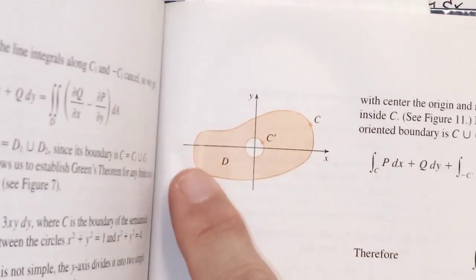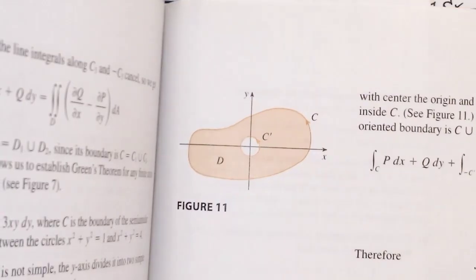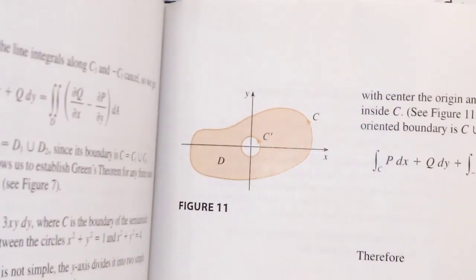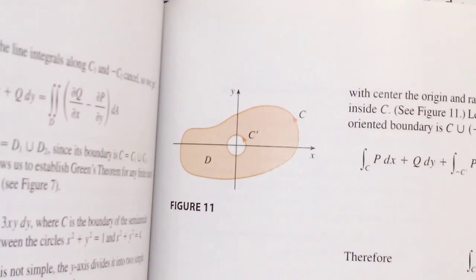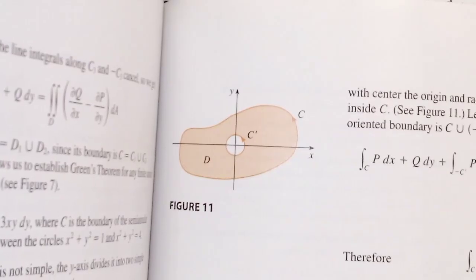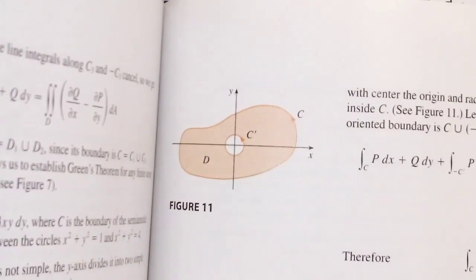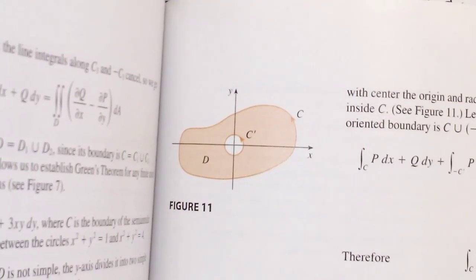When I integrate around this curve, I also get 2 pi. Why? Because that vector field is conservative between those two curves. And if it's conservative between those two curves, my line integral should be 0.